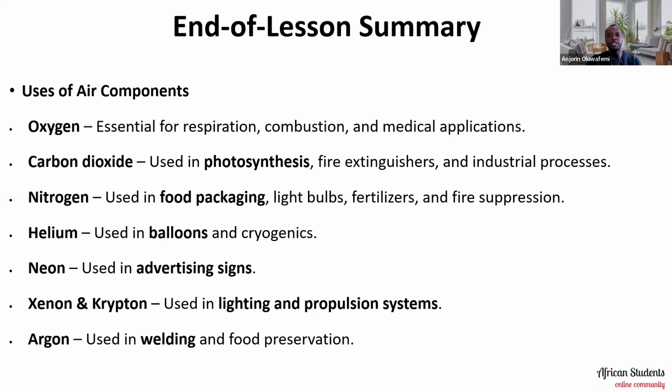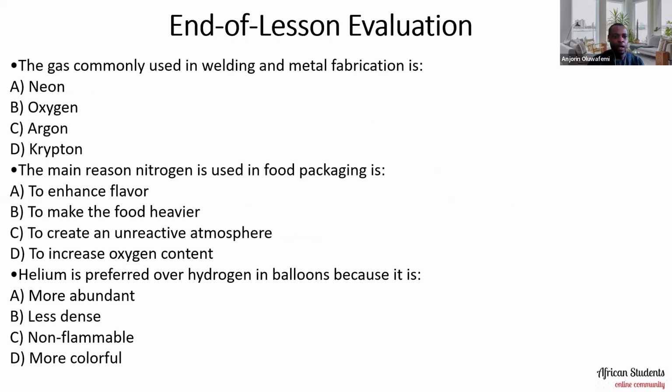So let's evaluate this lesson using the following questions now. The gas commonly used in welding and metal fabrication is... If you know the answer, please put it in the comment section. The main reason nitrogen is used in food packaging is, look at the options: to enhance flavor, to make the food heavier, to create an unreactive environment or atmosphere, to increase oxygen content. Helium is preferred over hydrogen in balloons because it is... I talked about this earlier.